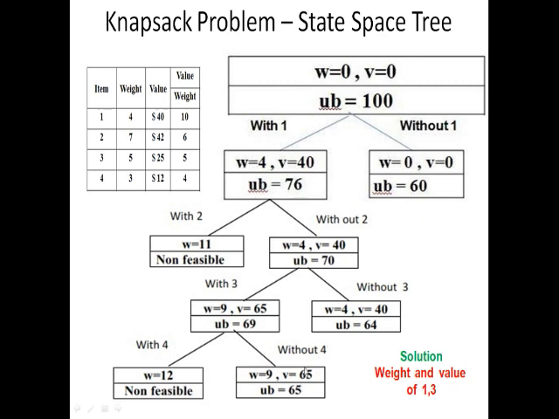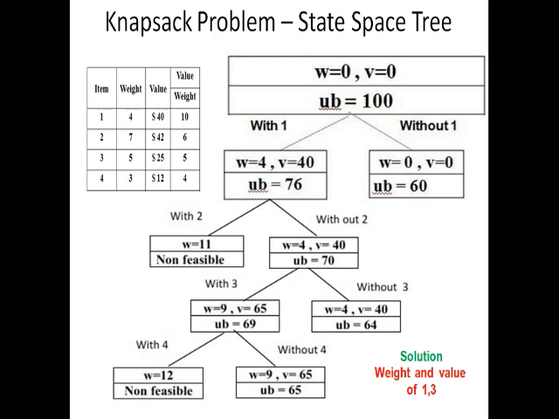And finally, we consider this as the final solution by the weight and value of 1 and 3. 1 and 3, 4 and 5, we got the weight is 9 and value is 40 and 25, we got the value 65. This is the capacity in which we can load in the knapsack effectively.